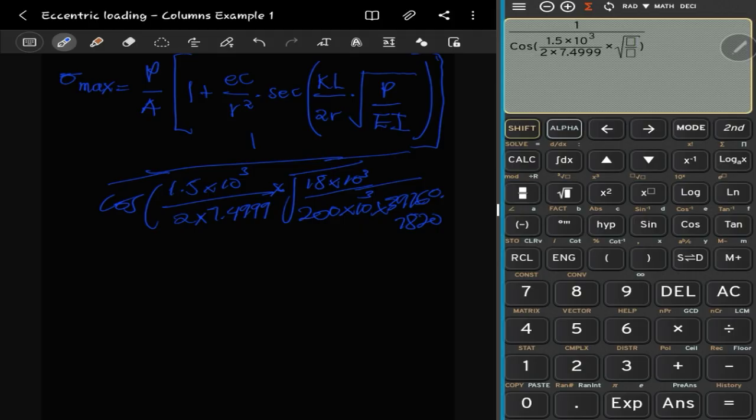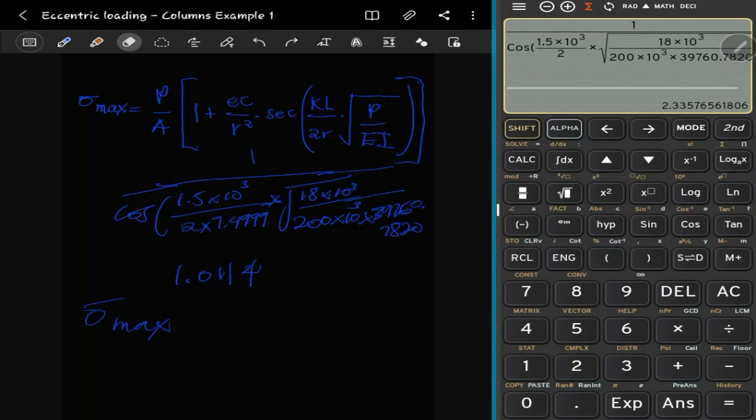Fraction is 18 times 10 power 3 on 200 times 10 power 3 times 39,760.7820. Right, so let's see. So the maximum stress, now we have everything that we need.